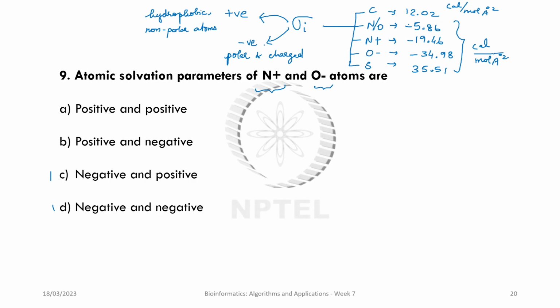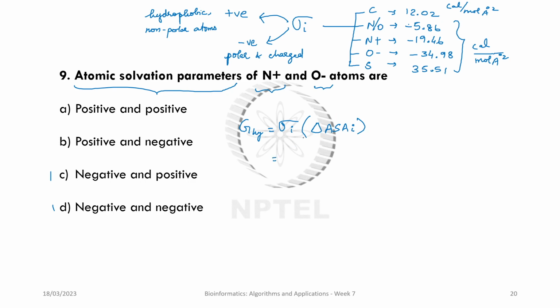So for Bala, the atomic solvation parameter is a part of determining the hydrophobic free energy of atoms or proteins. So hydrophobic free energy is given by sigma I into delta accessible surface area of I, right?